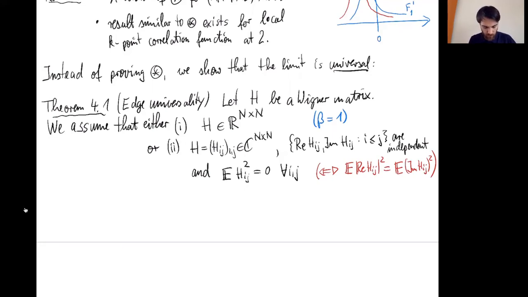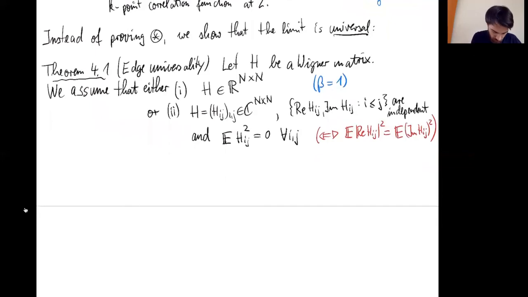In this case, we have the following statement. Then we find epsilon bigger than 0 and delta bigger than 0 such that the following holds.